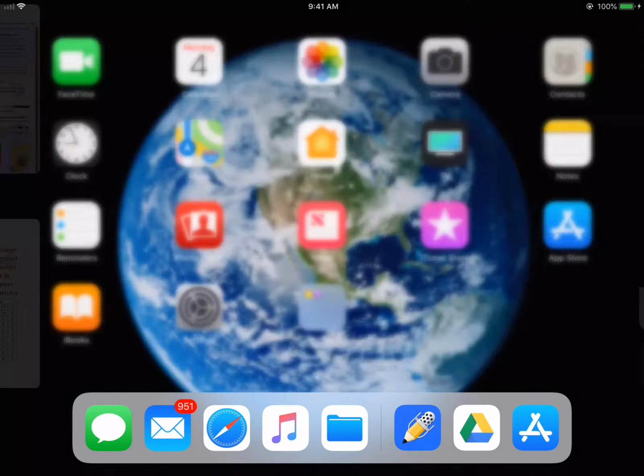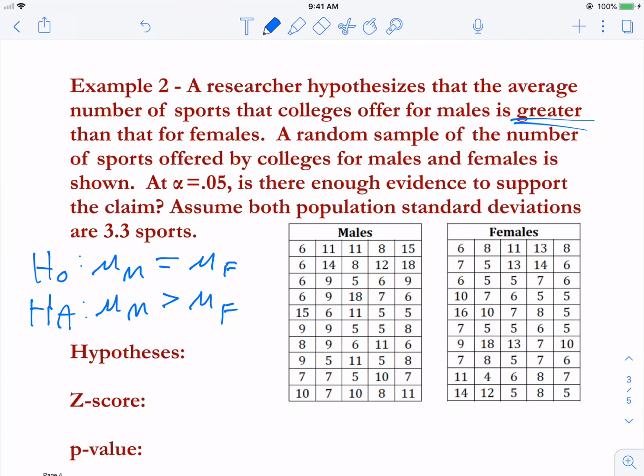So we'll go back to our page here. Z-score 0.94, and our p-value, p is equal to 0.17, which is not less than 0.05. So in this case, we fail to reject the null.